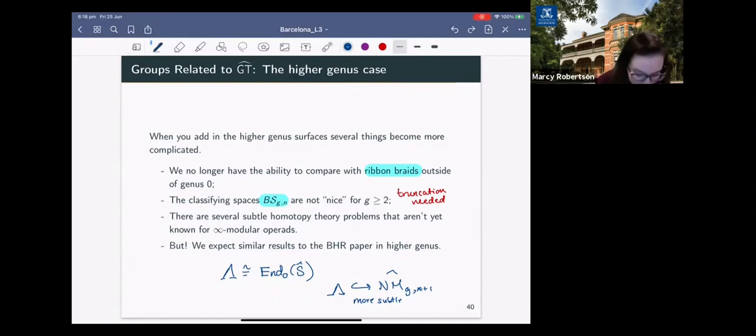Yeah, and then Marcy, where do you need exactly infinity modular operads? And when can you stick with modular operads? So this part, you can do all with regular modular operads. So nothing really fancy here. It's only when you want to pass to the classifying space, when you want to look at the classifying spaces of these groupoids and move toward the moduli space.